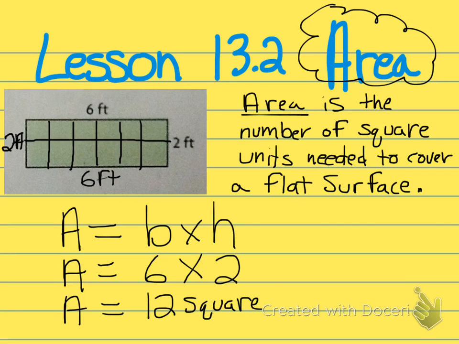And in this case, it's feet because we're working with feet. So it's not just regular feet because that's just a measure of length, which is a line. It is square feet because we're measuring with squares.